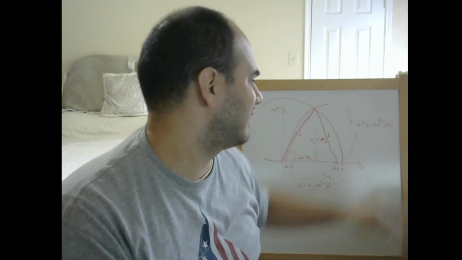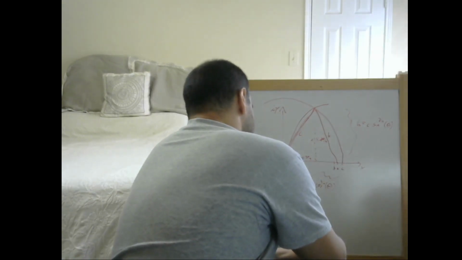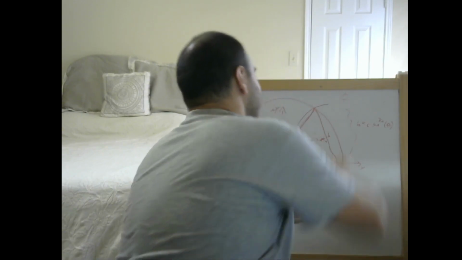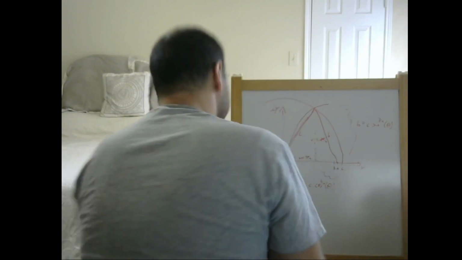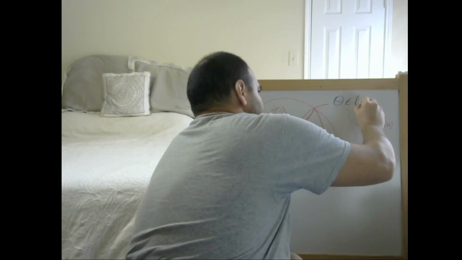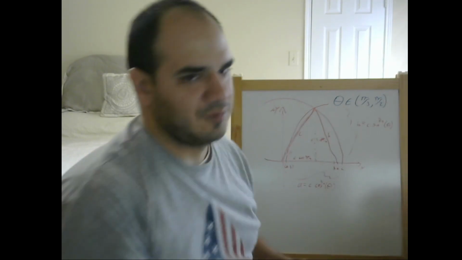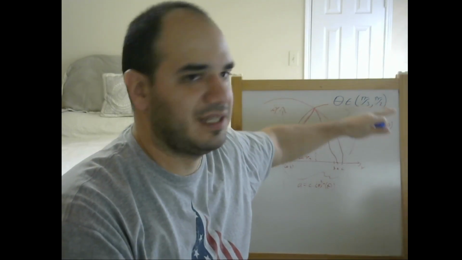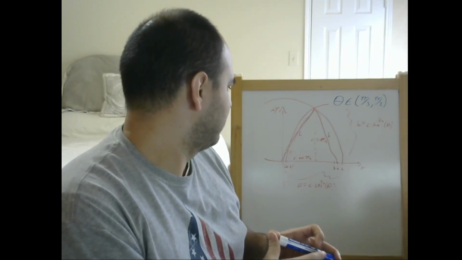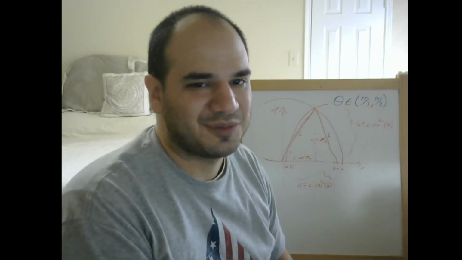And so what we need to show is that if you take some root 2 over n of sine of theta, where theta is in the open interval pi over 3 to pi over 2, and probably not closer to pi over 3 than pi over 2, but that's your restriction.